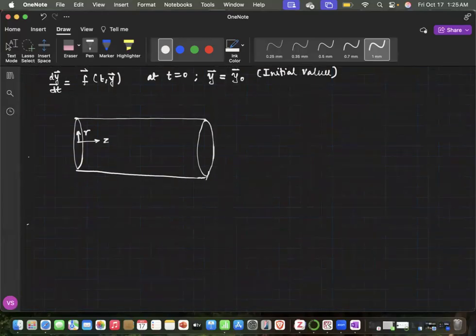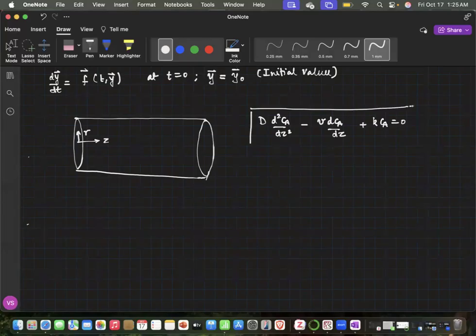So if you write a governing equation for this, that is basically diffusion, convection, and reaction. These three are taking place together. So there is diffusion, there is convection, and there is reaction, right?